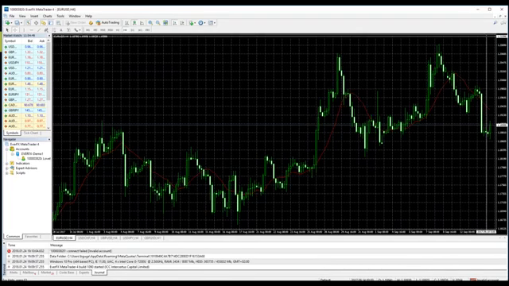If you'd notice, there are 5 digits after the decimal. The fourth digit from the left, the second digit from the right, is a full pip. We see right now 8. 8 is a full pip.